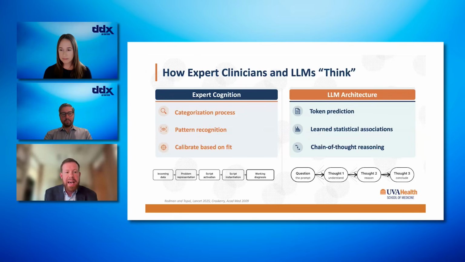So on the left, we have expert cognition. How do expert physicians make decisions? Well, we know that they categorize clinical features almost instantaneously when they're confronted with clinical data, and they sort through the information and they form recognizable patterns. This is system one thinking that you may be familiar with. It's intuitive.